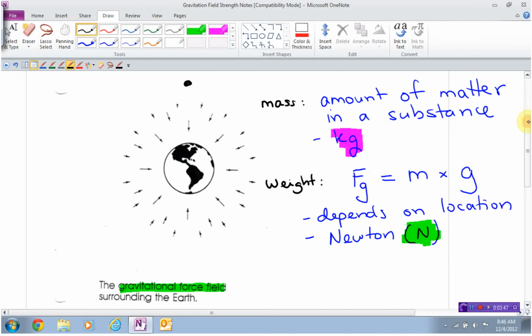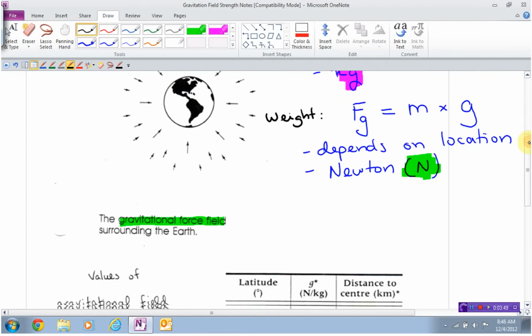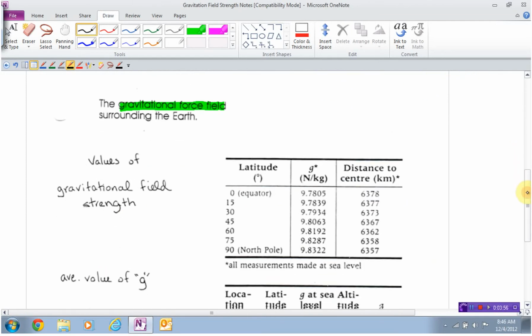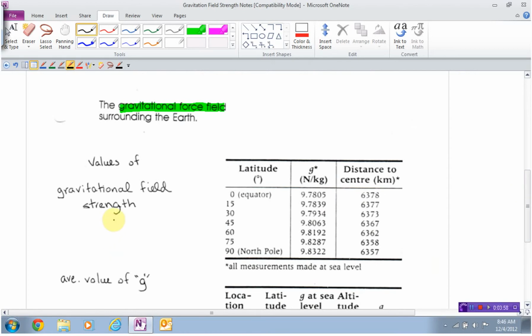The strength of the gravitational force field, called the gravitational field strength, believe it or not, is equivalent to the acceleration of gravity. So the gravitational field strength, GFS, is equal to the acceleration of gravity, g, at that particular location. That's amazing.